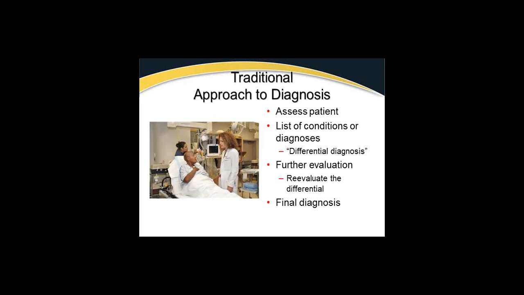So a traditional approach to a diagnosis is to assess the patient, list the conditions or make the differential diagnoses, further evaluate or reevaluate this differential, and then come up with our final diagnosis. Like I mentioned a little bit ago when I talked about a pulmonary embolus, we gain that information and then we start to cut things down.